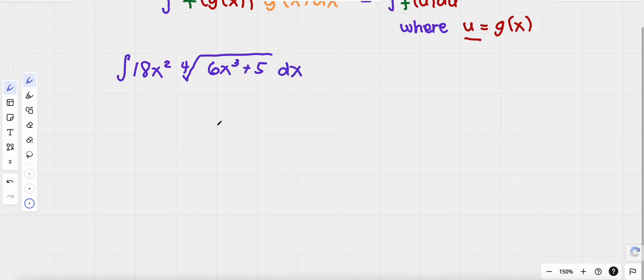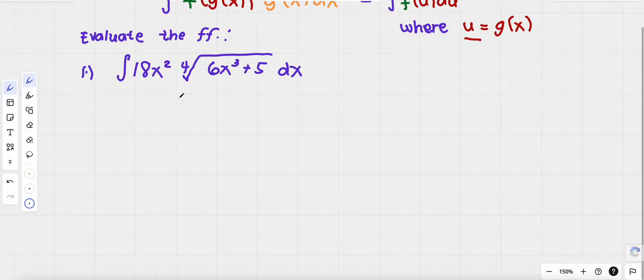Evaluate the following. This will be our example number 1.